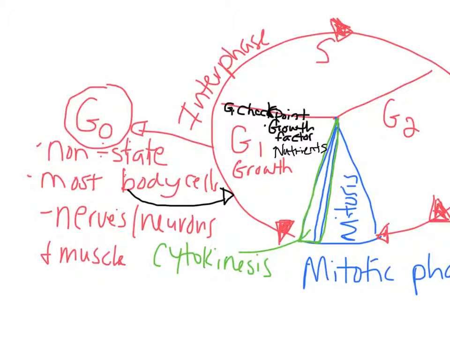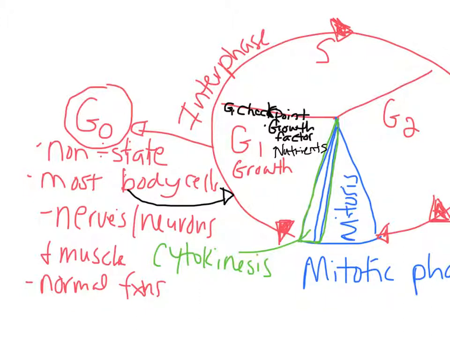The cell does all its normal functions in G0: all the normal chemical reactions, making ATP, making food if it's photosynthesizing, building all its proteins, all that kind of stuff. It moves around if that's the cell type, cytoskeletal dynamics. That's all going to be in G0.